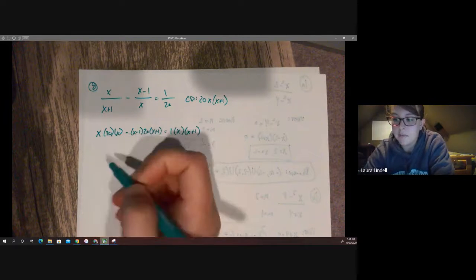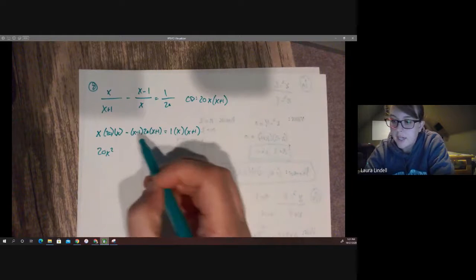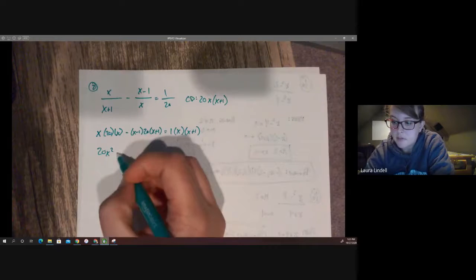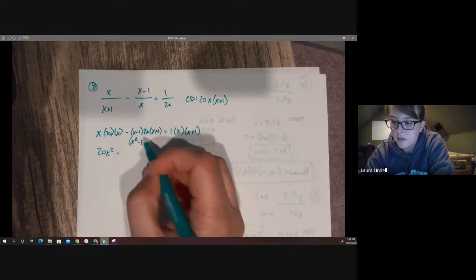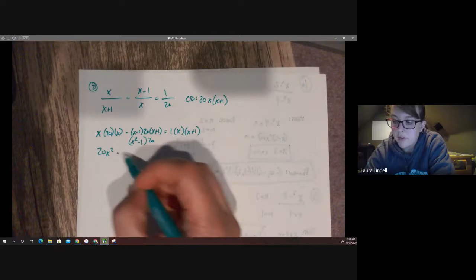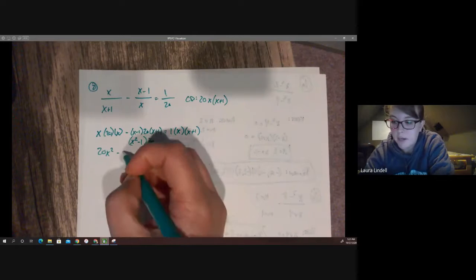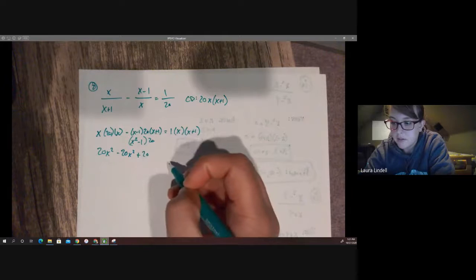So x times 20 times x is 20x squared. x minus 1 times x plus 1 gives us x squared minus 1, and then times 20. And then also we have this negative out in front here. So we have minus 20x squared plus 20.